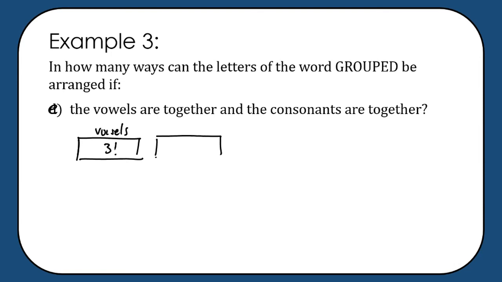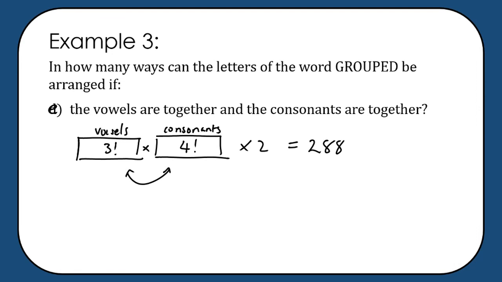And we also want the consonants together, so they can be arranged in 4 factorial different ways. But then obviously we could also put the consonants first and the vowels second. So there are 2 different ways that we could arrange those 2 groups. 2 factorial, which is 2. So we've got 3 factorial times 4 factorial times 2, which is 6 times 24 times 2, which is 288 different arrangements.